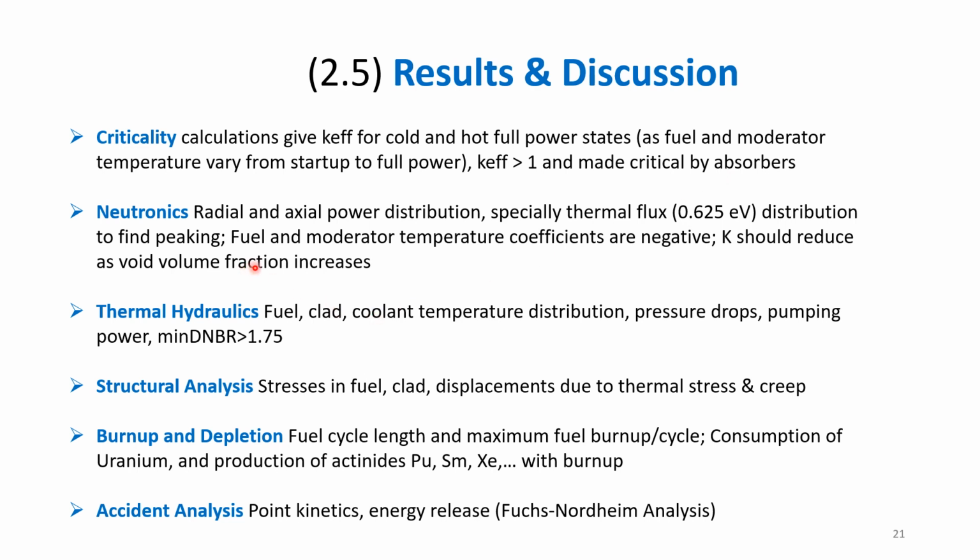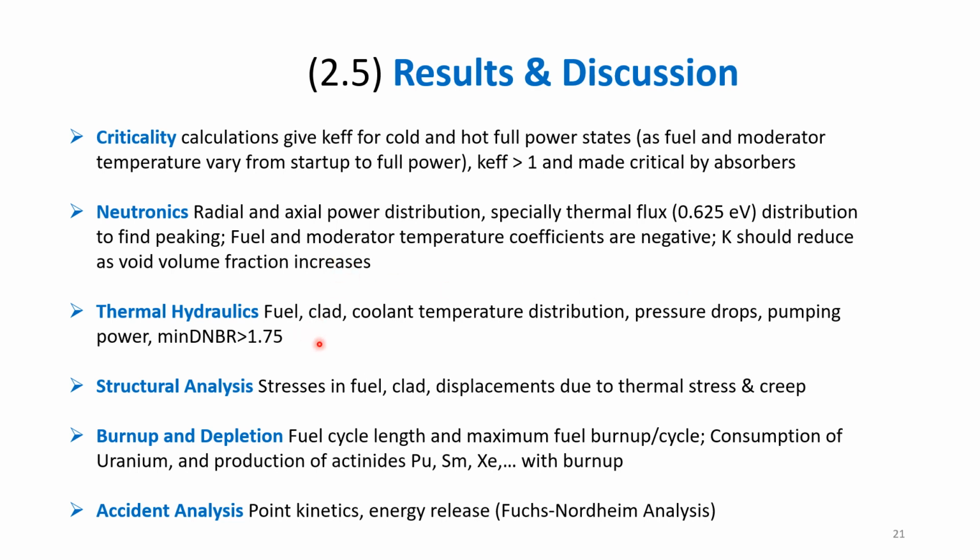Neutronics, you need to compute the radial and axial power distribution, especially the thermal flux distribution to find where you've got peaking. You would like to have a uniform fuel burnup. So for that, you use variable fuel enrichment, shuffle it inside the core to maintain fuel and moderator temperatures that are desirable. You also need to calculate the feedback coefficients.